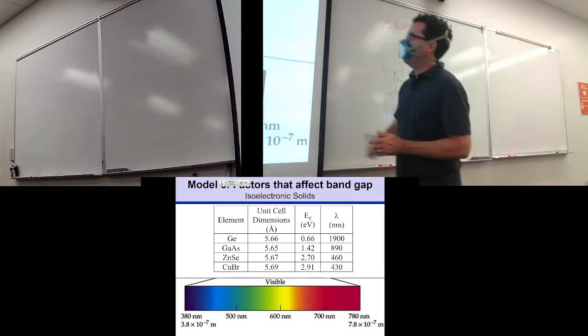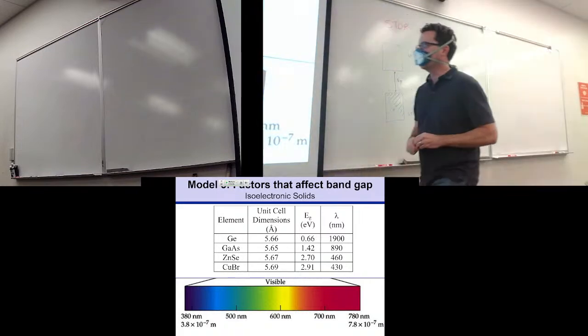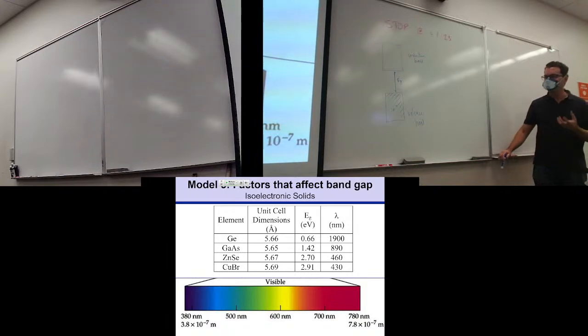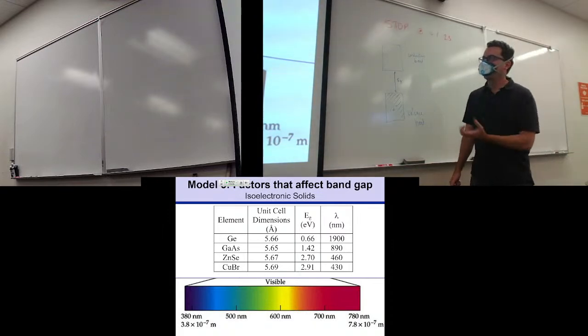And it seems that the larger the difference in electronegativity, the larger the band gap gets. We also know that the difference in electronegativity, another way to talk about that for a material, is that the material is more ionic. The larger the difference in electronegativity, the more ionic it is. Another way to say that is the more ionic character it has.